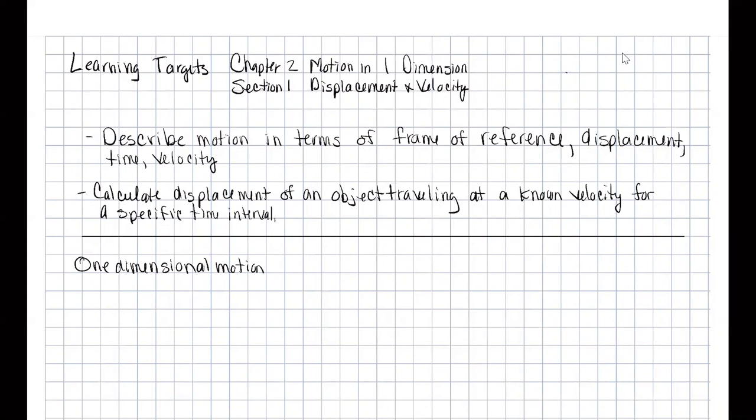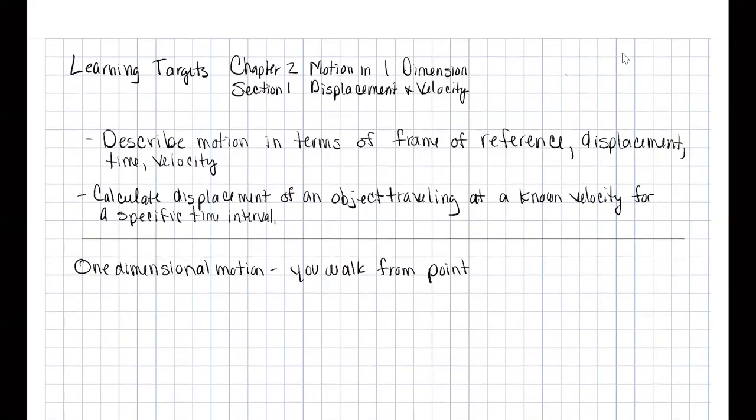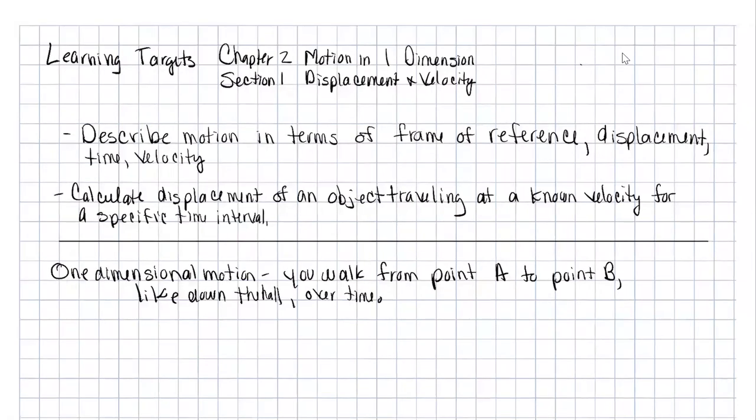To look specifically at one-dimensional motion, think of yourself as walking from point A to point B, like maybe down a hall over a specific period of time. You're walking at this point in a frame of reference.